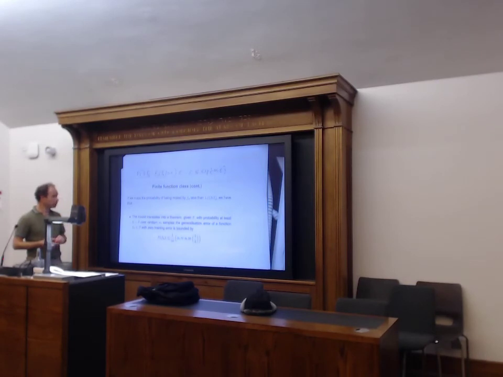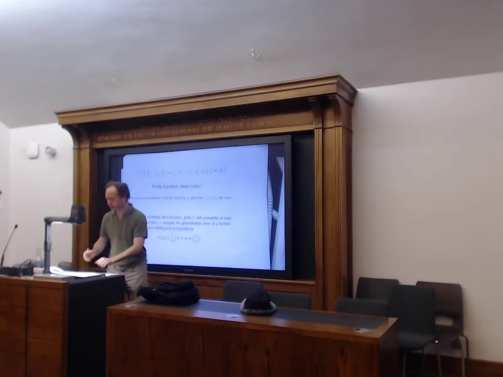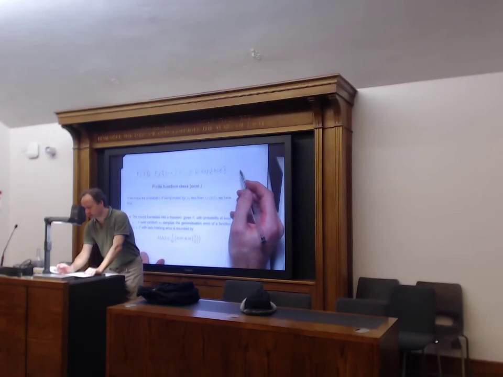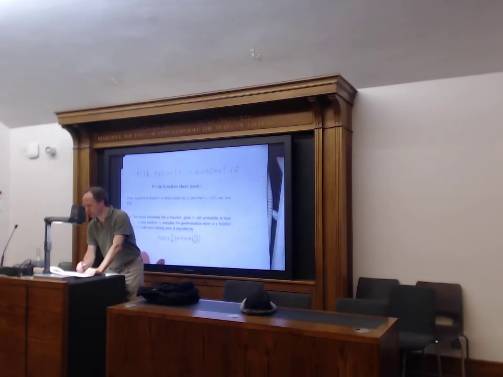So here again, you set this equal to delta. You want this to be less or equal to delta, let's say. But then you solve for epsilon, right? And you get this.